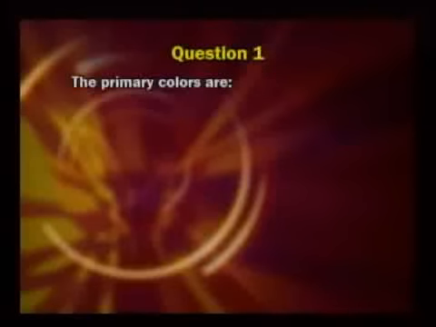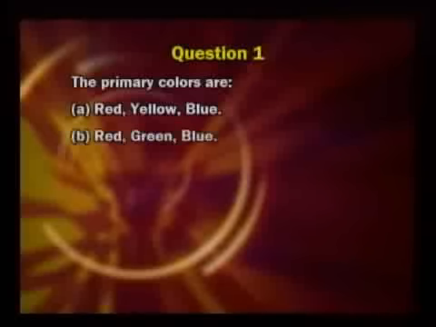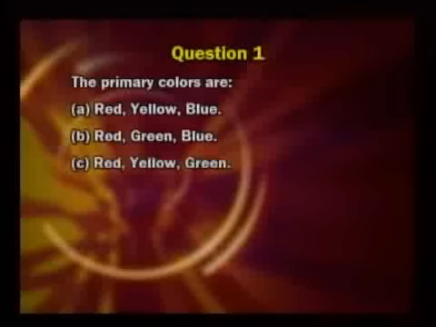Question number 1. The primary colors are, hold on, let me turn on the video for people who are here so you can see. Okay, the primary colors are, remember there can be multiple answers. A, red, yellow, and blue. B, red, green, and blue. C, red, yellow, and green.